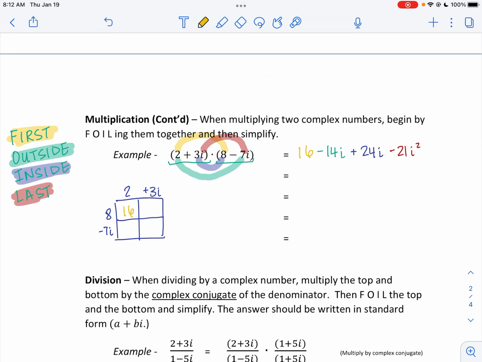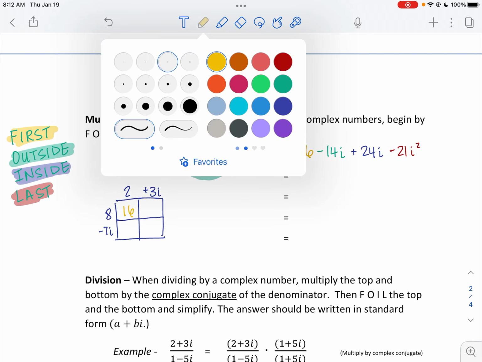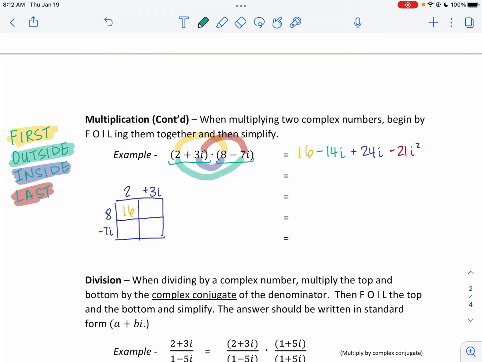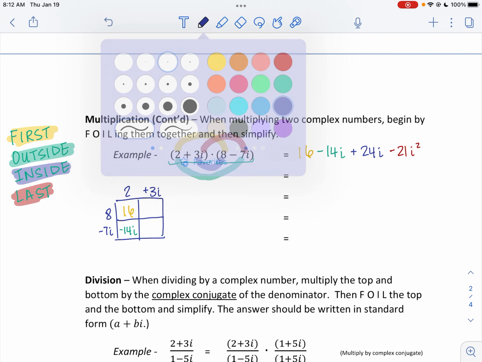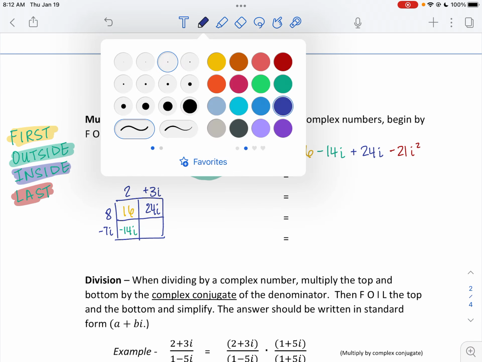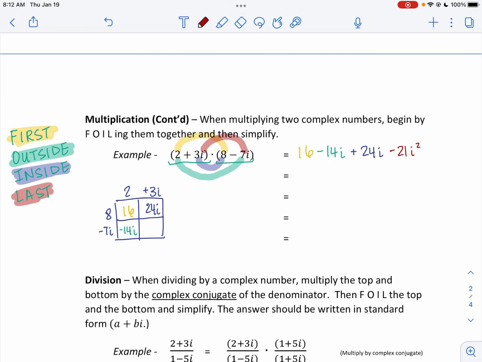And then let's do 2 times negative 7i, we get negative 14i. And then we get the inside, 3i times 8, which is 24i. And the last one we are multiplying together would be 3i times negative 7i. So that's negative 21i squared.